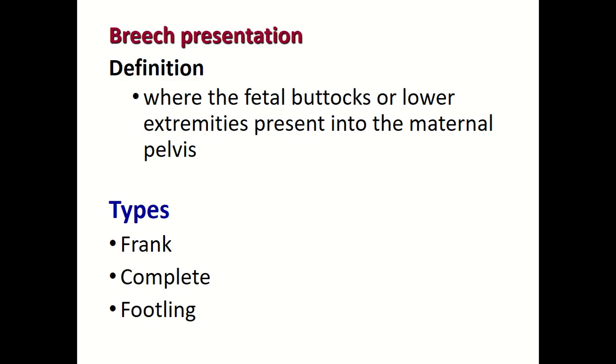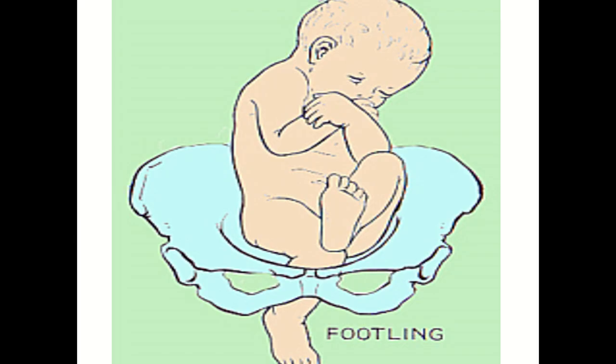Now let's talk about breech presentation itself. What is breech presentation? As we said before, it's where the fetal buttocks or lower extremities present in the maternal pelvis. And there are different types, as we already looked at them. We are not going to dive so much into the types and explanations because we talked about this before. We have frank breech, complete breech, footling breech.